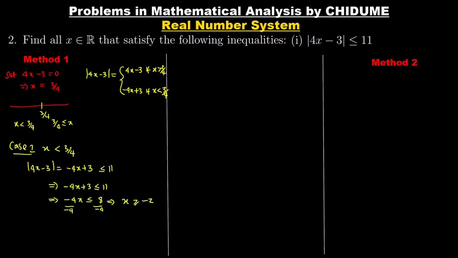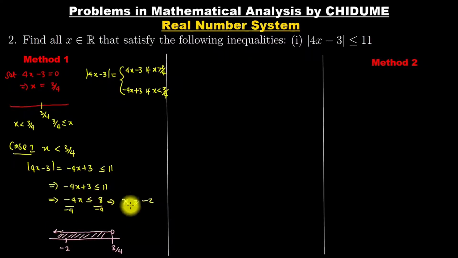Now let's try to draw the solution set. We have two conditions. Let's say this is our real line, and here we have negative 2, and here we have 3 over 4. We are considering the region when x is less than 3 over 4.